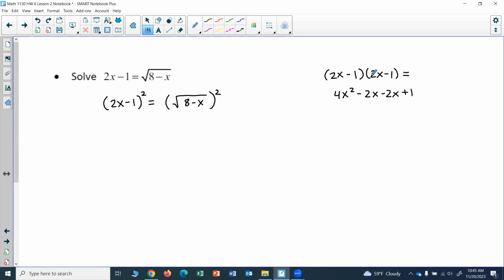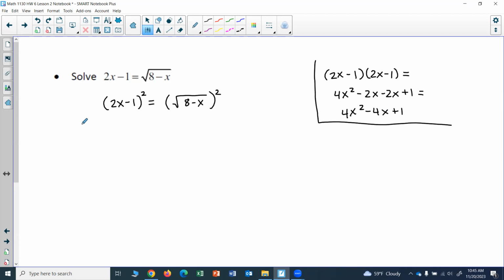So first terms, outside terms, inside terms, and last terms multiplied together. So I get 4x squared minus 4x plus 1.